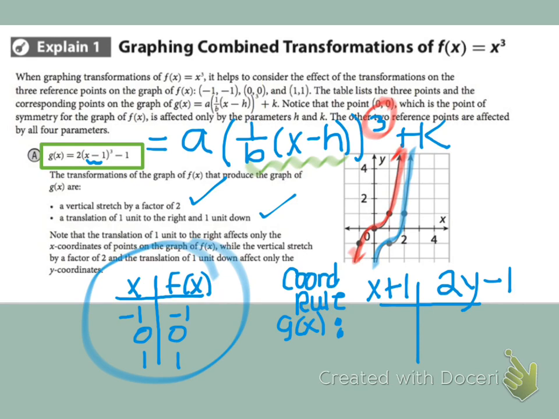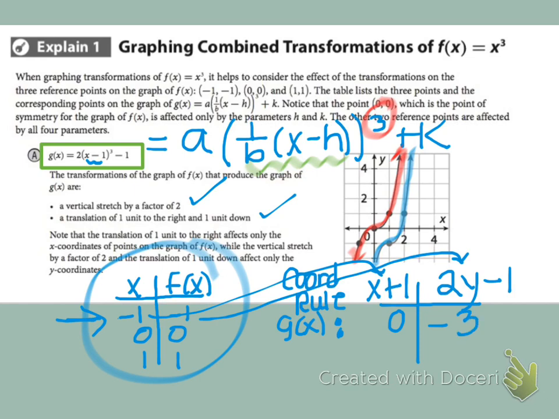So over here I have -1, I'm going to start with that point right there. -1, if I substitute it in over here, it would be -1 plus 1, which makes it 0. And then I have to take this -1 and plug it in here. So 2 times -1 is -2, and then -1, so -2 minus 1 would make -3.